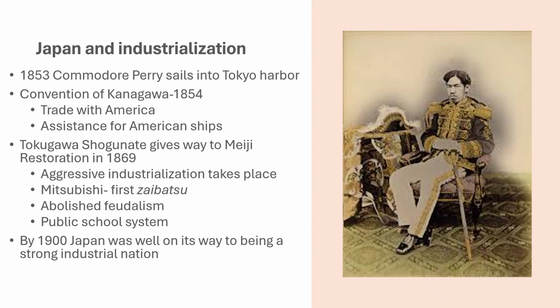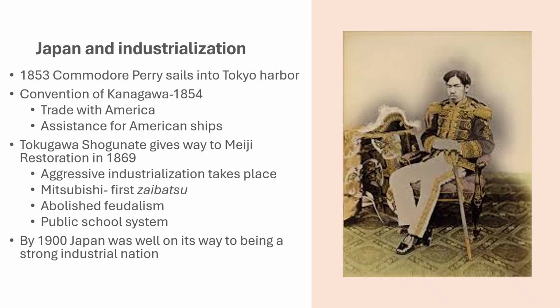Mitsubishi will be the first Zaibatsu, which is essentially a family-owned, vertically integrated company. Typically, they're large in size and they have a large influence in Japan. Mitsubishi starts off as a shipping company.